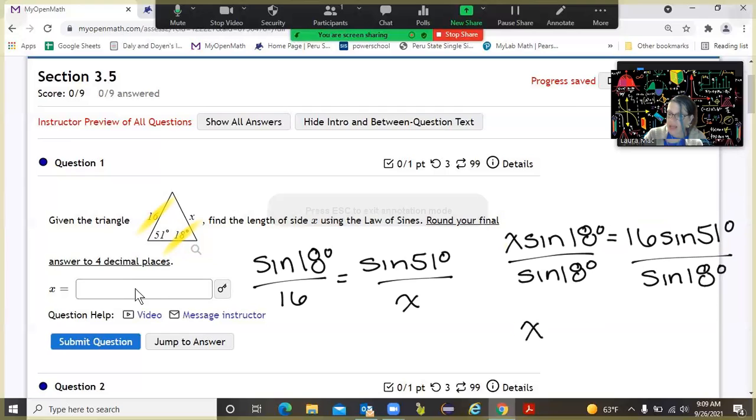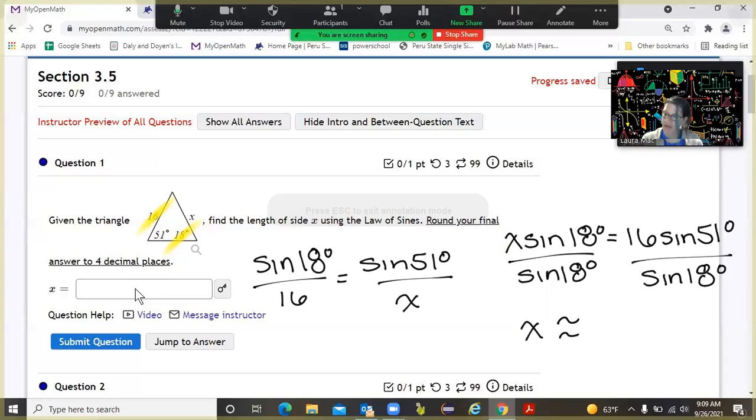And you would get that x is approximately, I am going to put this in my calculator right now, off screen. Depending on your calculator, you'll put this in different ways. I always like to start with the trig function in the numerator. So in my calculator, I push sine and then 51. Make sure that you are in degrees. And I am, yay.